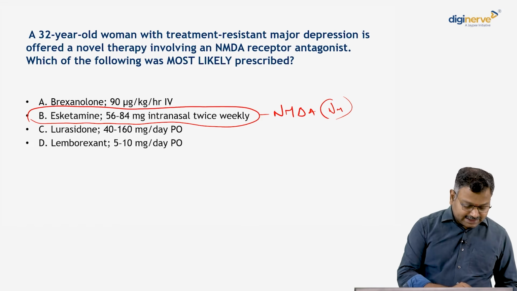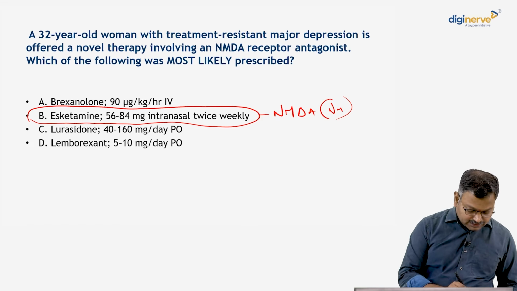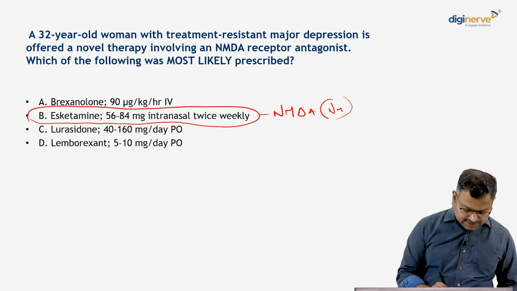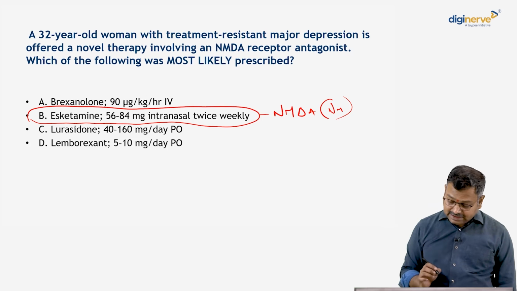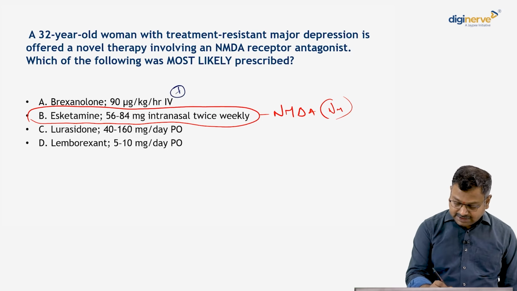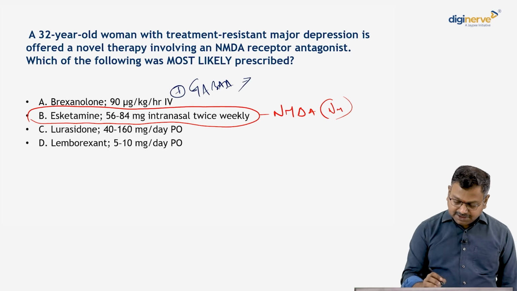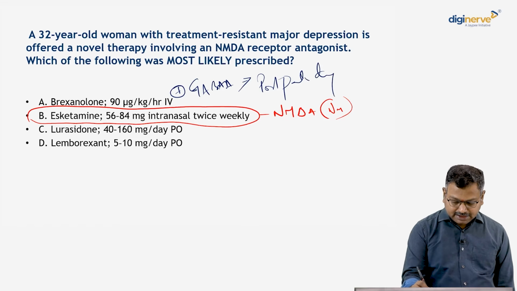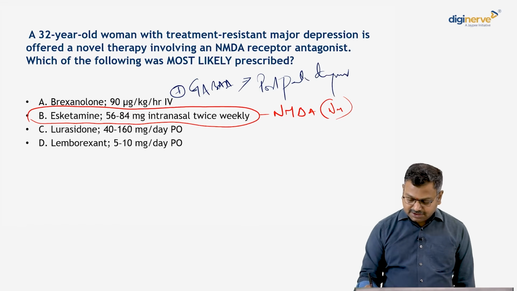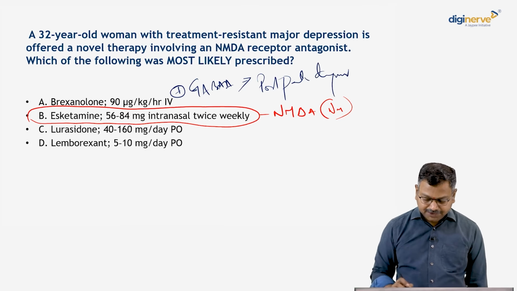Now what about the other drugs that we are looking at? The brexanolone is a positive allosteric GABA modulator. This is used for the treatment of postpartum depression. It is not for resistant depression, specifically IV for postpartum depression that we are using there.